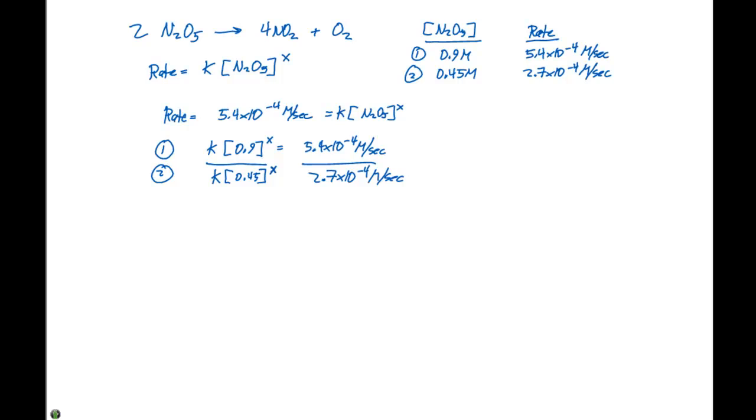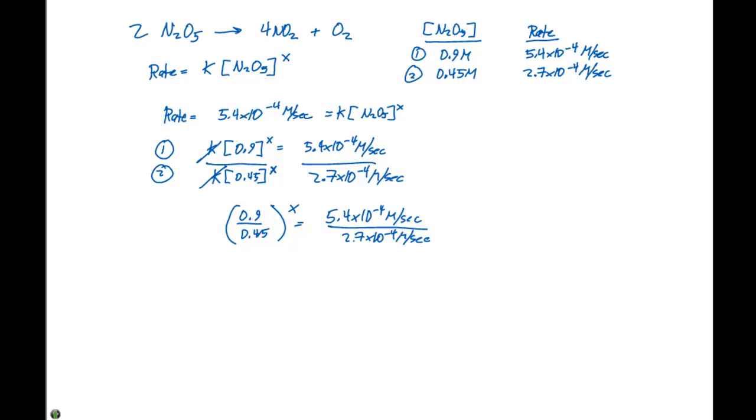We can simplify this expression a little bit. The constants are going to cancel here, and we can rewrite the left side of this equality to be 0.9 divided by 0.45 to the x power, is going to be equal to 5.4 times 10 to the minus 4 molar per second divided by 2.7 times 10 to the minus 4 molar per second.